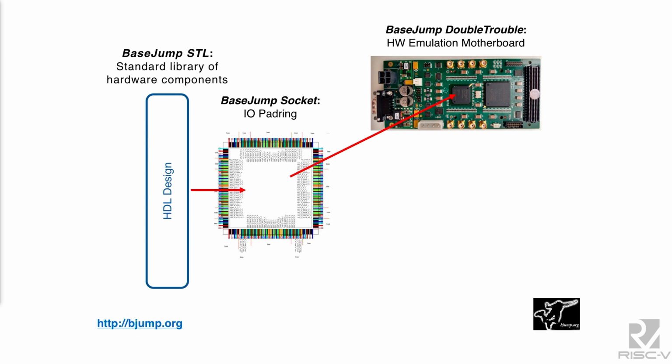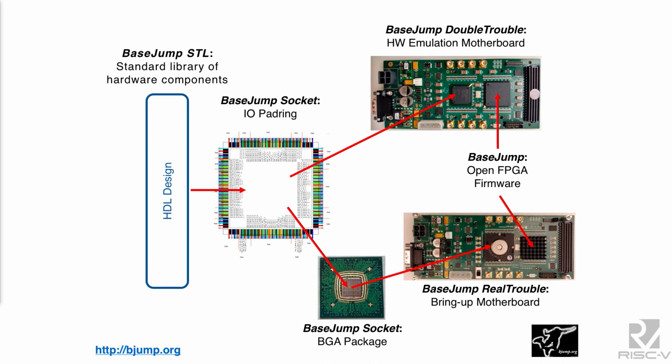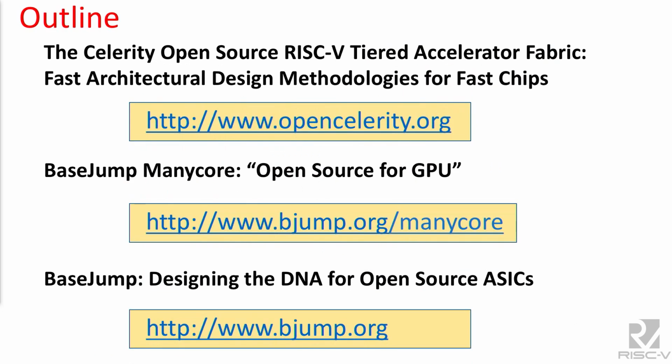And then you can emulate using the board design that we have put online, which includes the FPGA firmware. And then you tape out your chip. You assemble it with the open source package. And then you can stick that in the socket there in the motherboard. Now you pretty much have gone from the RTL for your SoC to a functioning system without having to actually do any of the hard work.